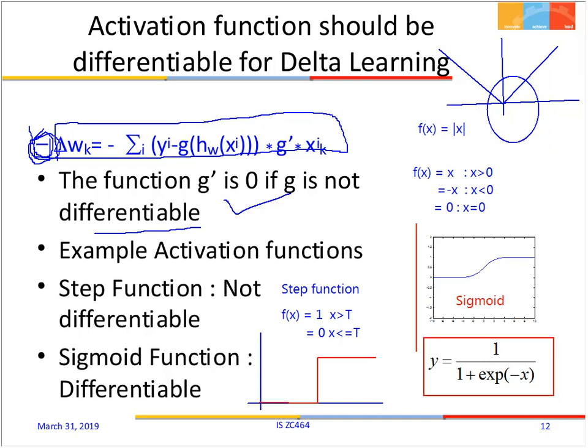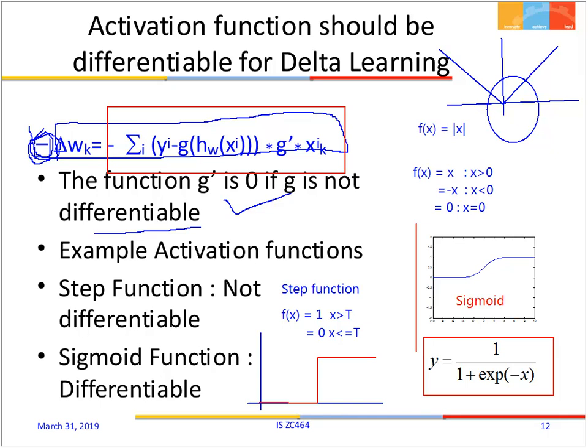Based on that g dash function, multiplying it with the kth feature of the ith sample and multiplying that with the product of the error yi minus g, this thing is getting added over all the samples to obtain the weight.